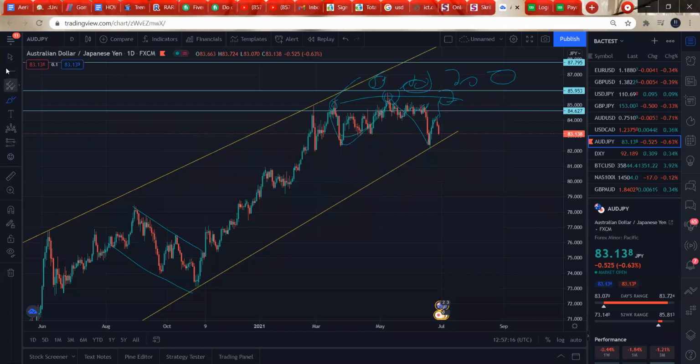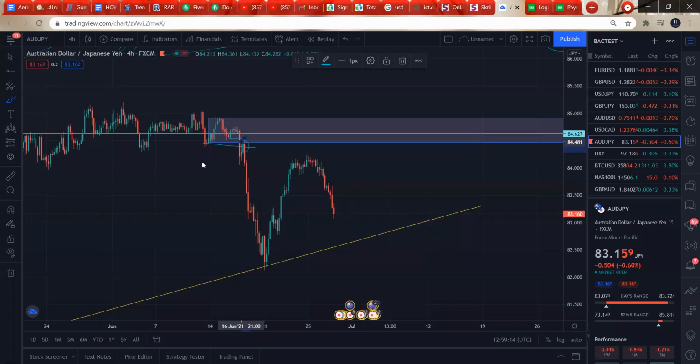But you can see that on the 4-hour time frame, what the market has done here is it went up, and then it broke the lows here. And then these lows were ultimately broken, and then it left an order block there. This is the 4-hour.